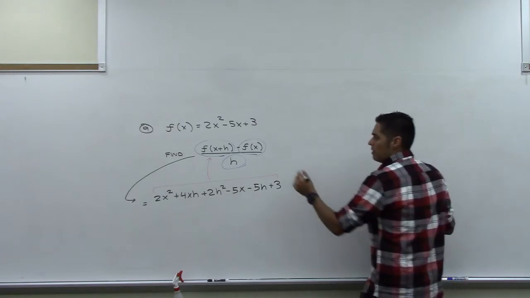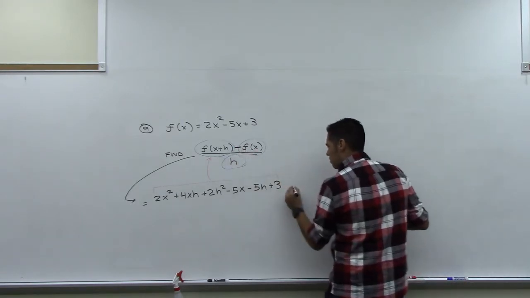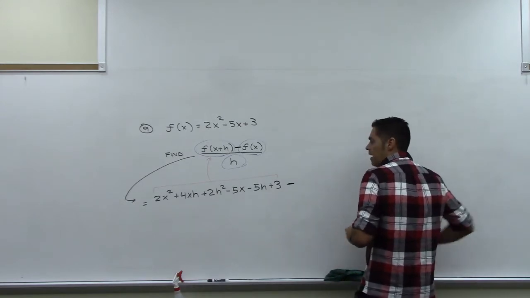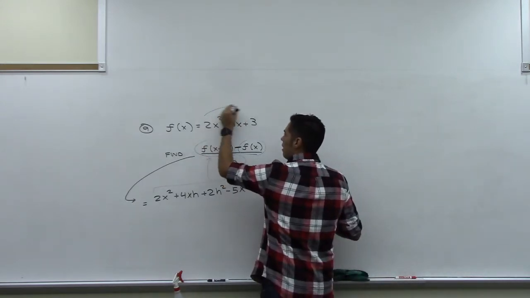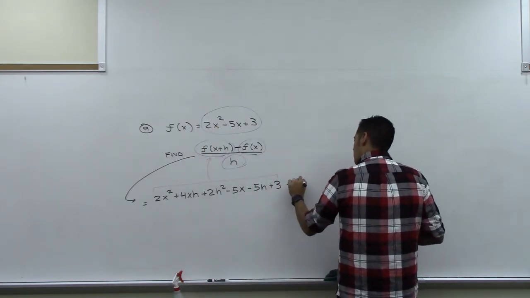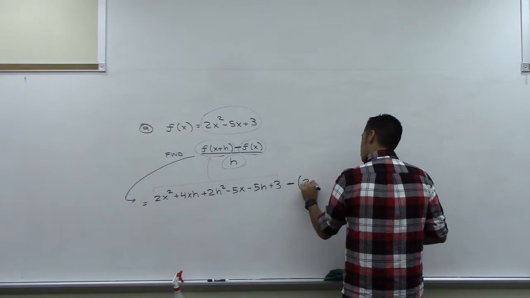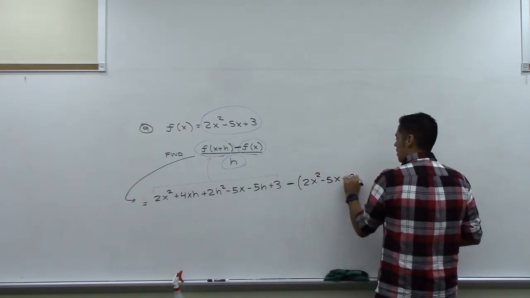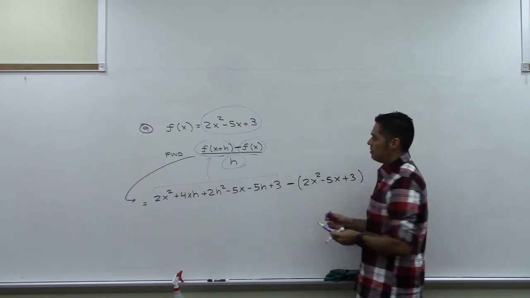Now I need to do minus f of x. Now f of x is this piece right here. It's the whole thing, right? So I need to subtract that. So I'm going to put in parentheses 2x squared minus 5x plus 3. Again, that's another critical point that I see students make mistakes on.